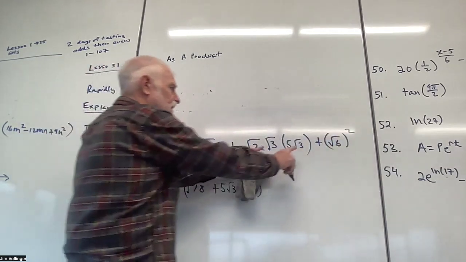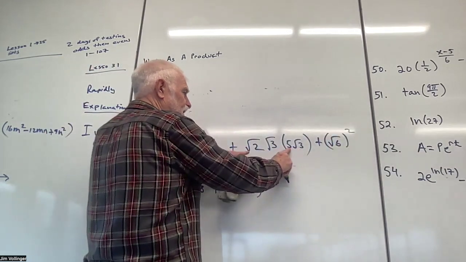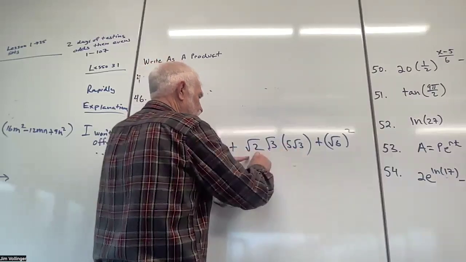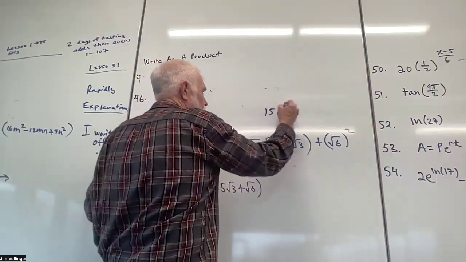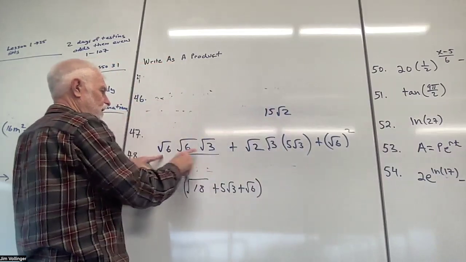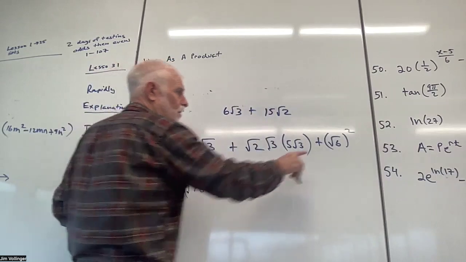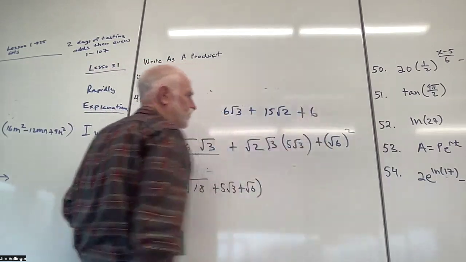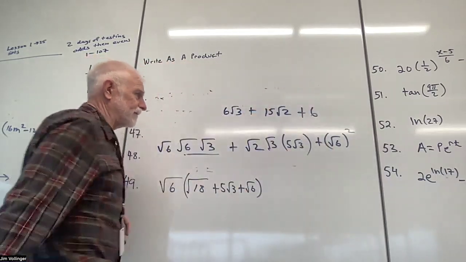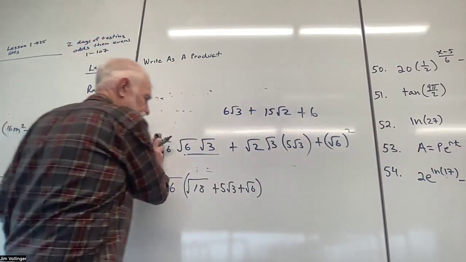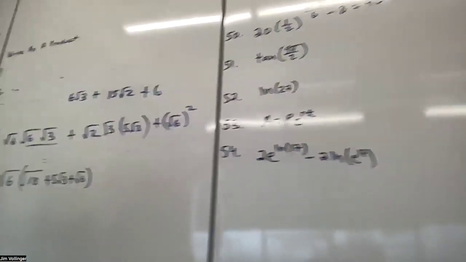So final answer, 3 times 5, 15, 3 times 15 root 2. This one over here is 6 root 3. And this one over here is 6. So I don't have any like terms. Got to leave it like that. All right, so that one's done. That whole thing is done. So let's move on, save time here.